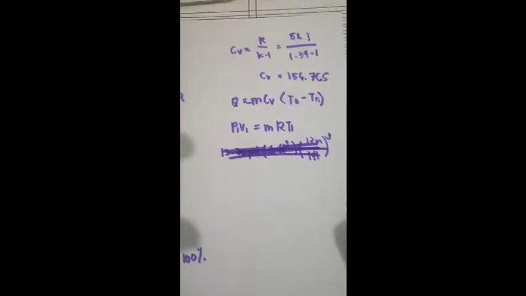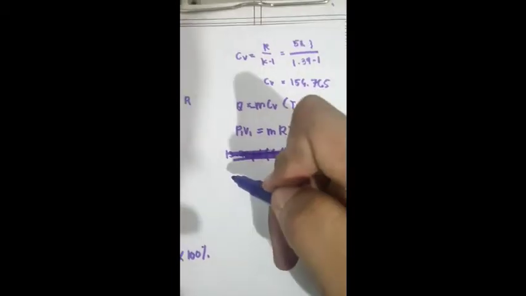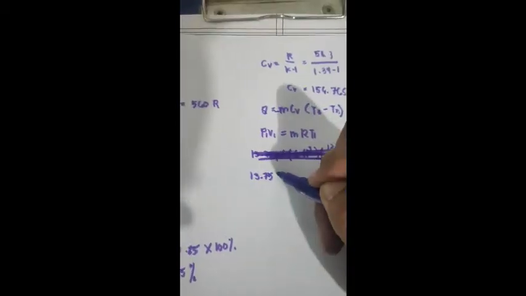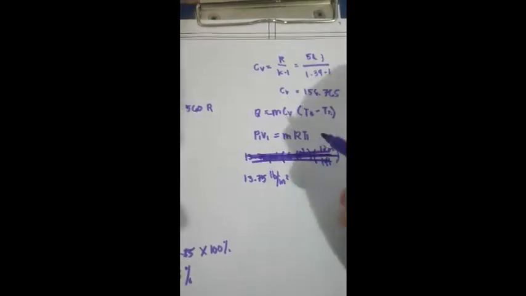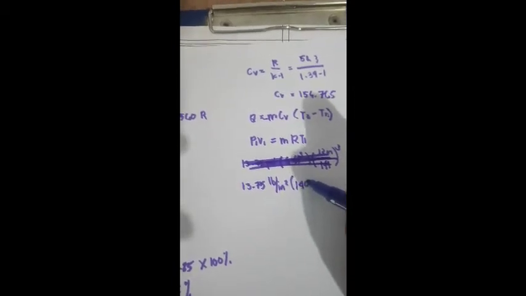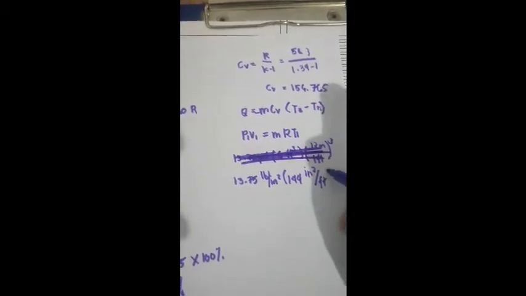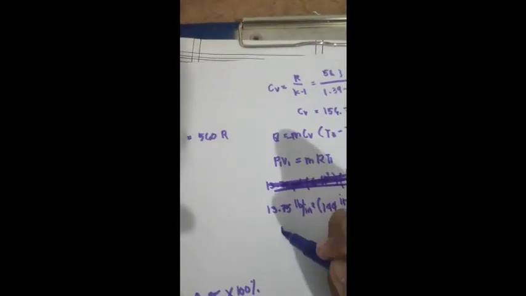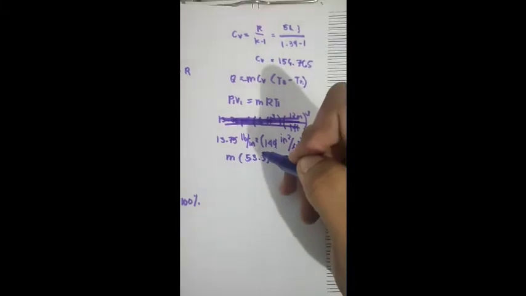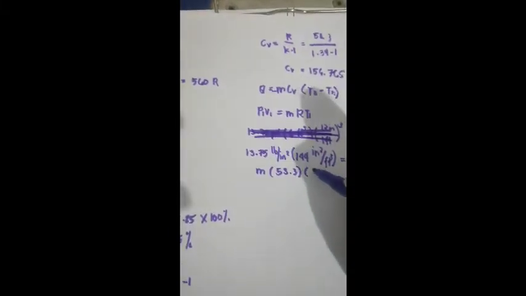Using the ideal gas law, you will substitute the pressure 1, which is 13.75 pounds per square inch, and you have to make it per square foot, so 144 square inches per square foot, is equal to the mass times the R and then the temperature.